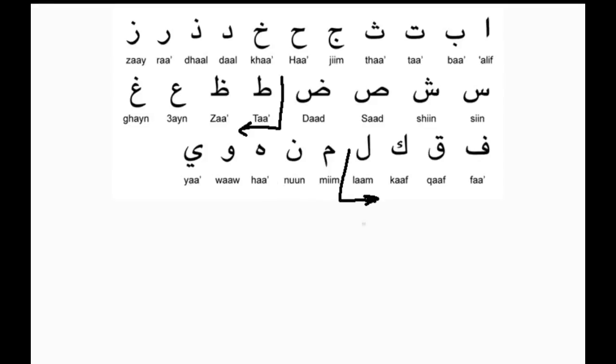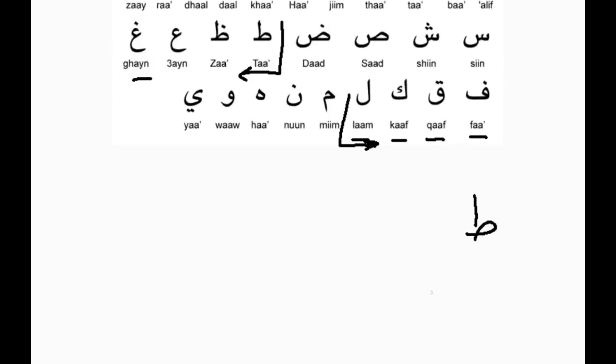So for this video we're going to start with ta, dha, ain, ghain, fa, qaf, kaf, lam. Number 16 is ta. To draw this letter, remember that we are writing from right to left.